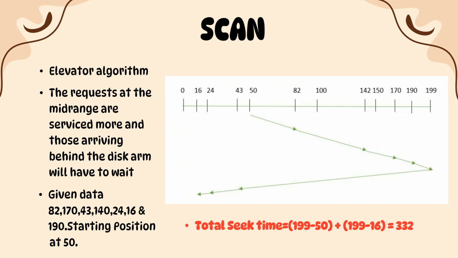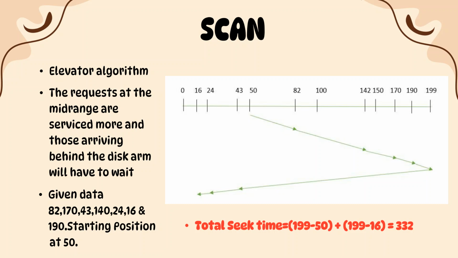It moves continuously, and after reaching the end it comes back. All the services are taken in the forward direction and only then in the reverse direction. So this is called scan. It completely scans from one direction to another.